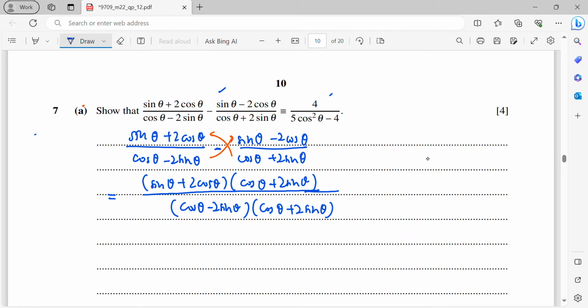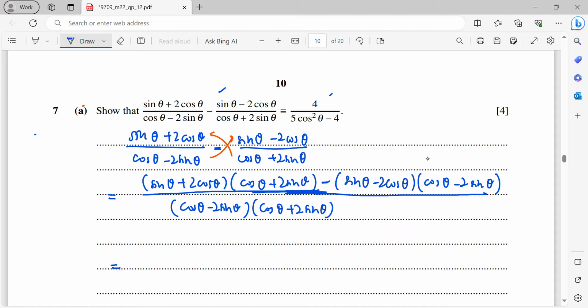Okay, then minus, there's a minus here. Then sine theta minus 2 cos theta multiplied with cos theta minus 2 sine theta. Alright, so now what we need to do here is we just need to do expansion and simplify the terms.